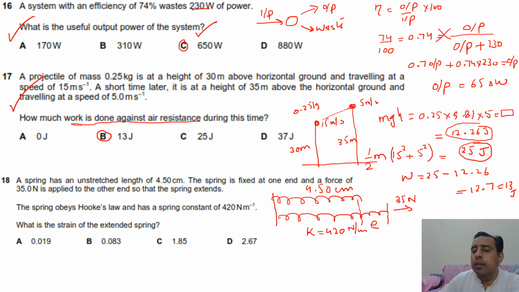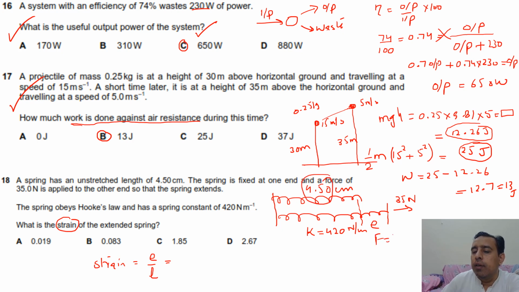So you can get this E, because the strain is required, and this strain is in fact the ratio between the change in length and the original length. The original length is given here, we just find the change in the length.